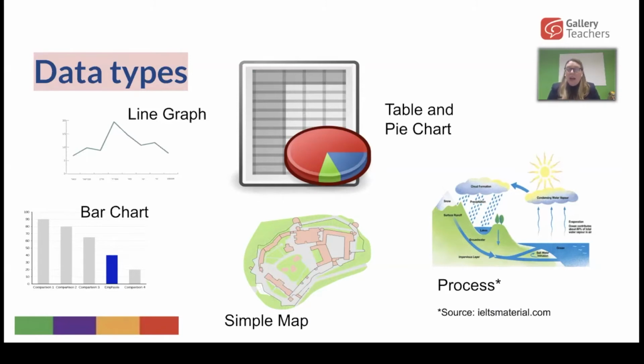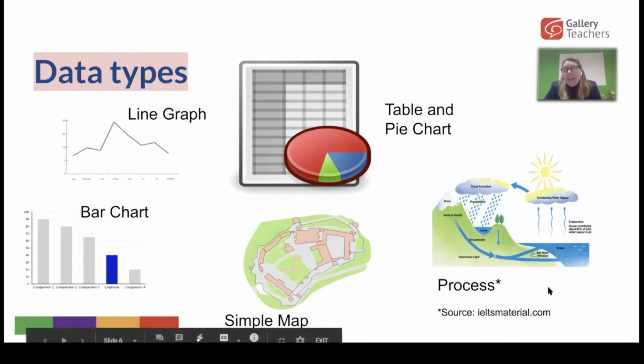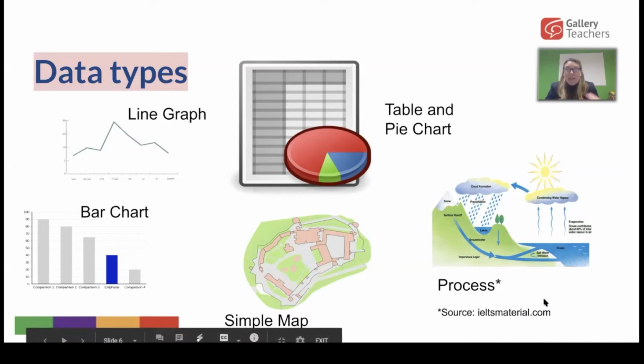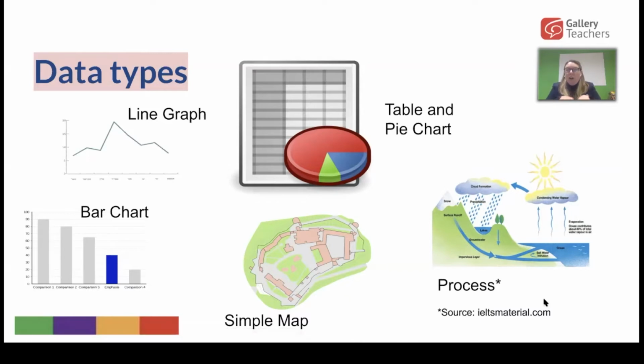As long as they are well prepared and they understand clearly how to answer a line graph, as opposed to the types of language and staging that they will need to use for a process. It is possible that a student may have a preference. They may just enjoy writing about processes a little bit more than a line graph, but really they are of equal difficulty, let's say.